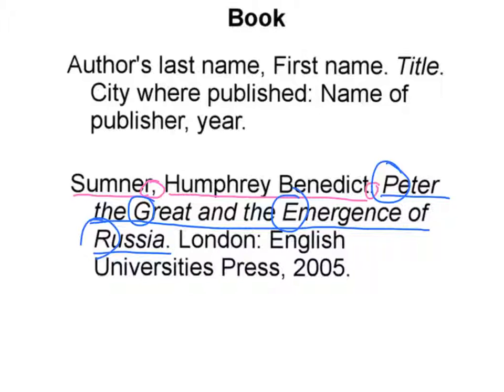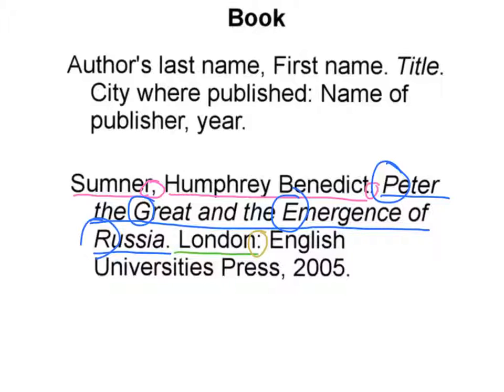And after that, we include the city where the book was published. So this book was published in London. So that's where it says London. And of course, make sure you capitalize the city where it's published because cities are always capitalized. After the city where the book was published goes the colon.